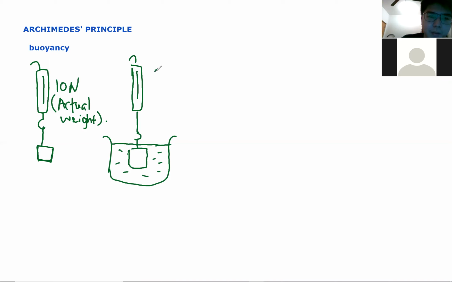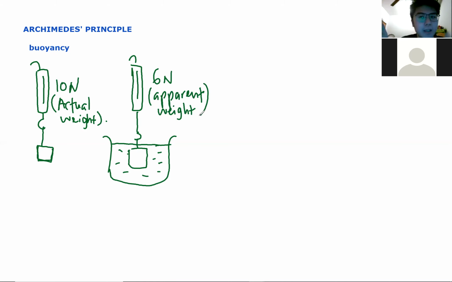Let's say for example it becomes 6 Newton. So 6 Newton when the object is in water is the apparent weight of the object. Now, apparent weight is not equal to actual weight. It is what the weight appears to be in that current situation, right?